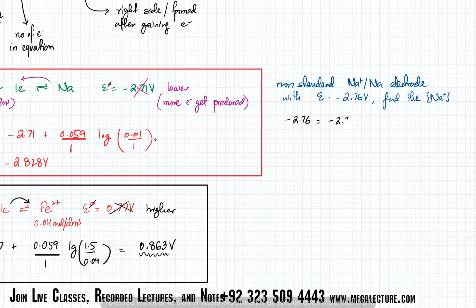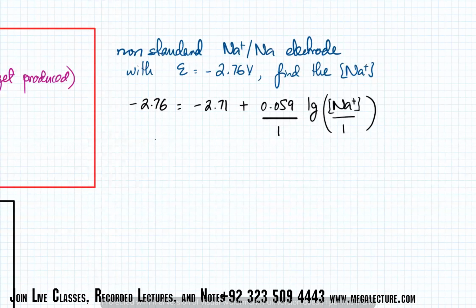Minus 2.71 in the data booklet, plus 0.059 divided by 1 electron in the equation, then log of oxidized species, the one on the left side, that's Na+ concentration, which I don't know, over the reduced species, which is sodium in this case. तो वो 1 है, it's a solid. So I just have to solve this, and I'll find the Na+ concentration.